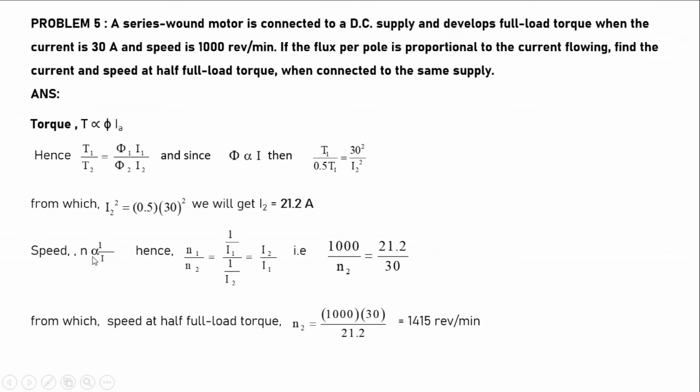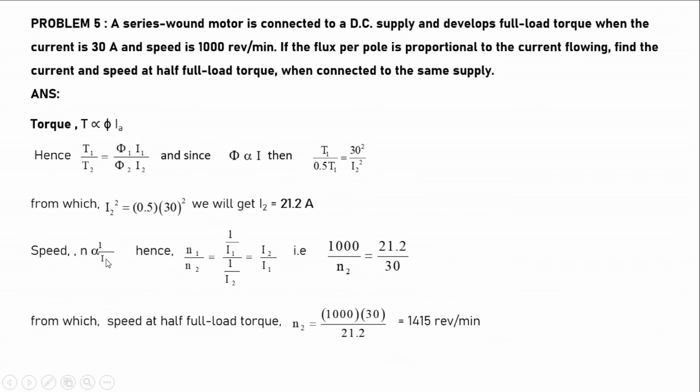Now speed is directly proportional to EB by phi, which in a series motor means speed is inversely proportional to current.